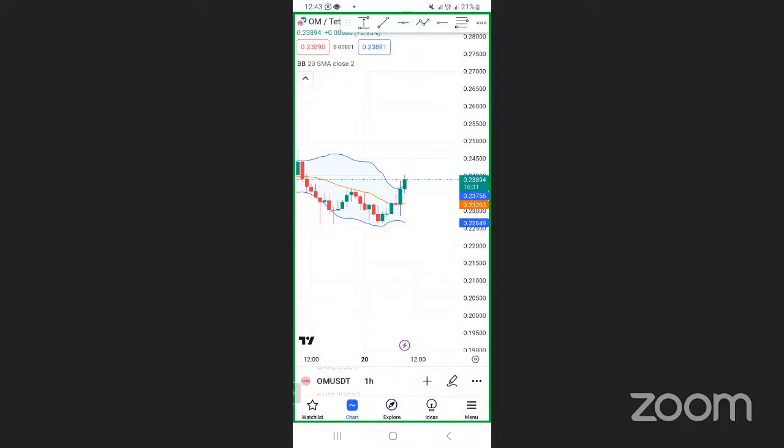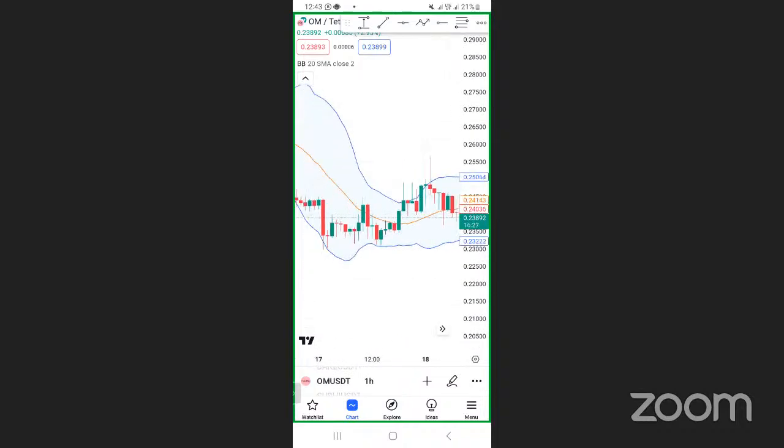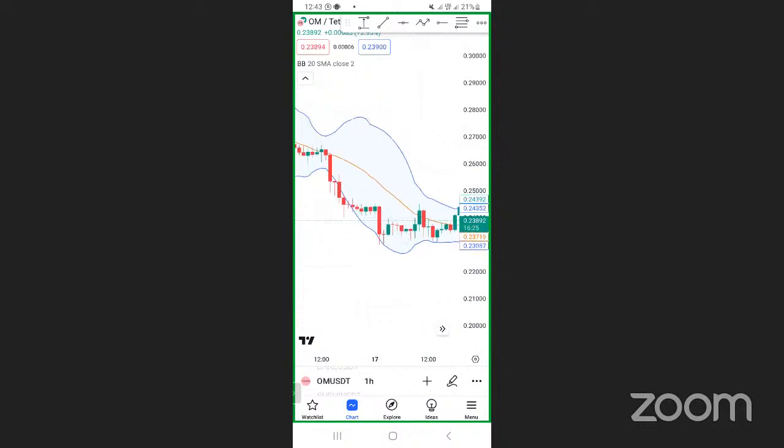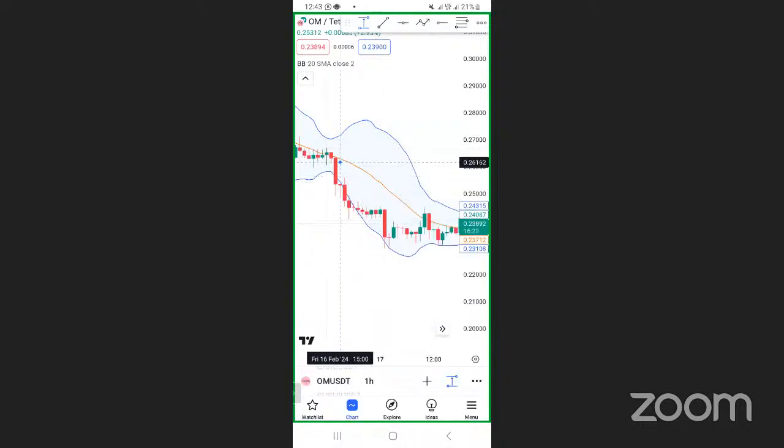Then which one was another opportunity? Another opportunity was around here. You see, we were trading below the lower band, and the price went down. Then around here, you would enter, targeting the middle band.